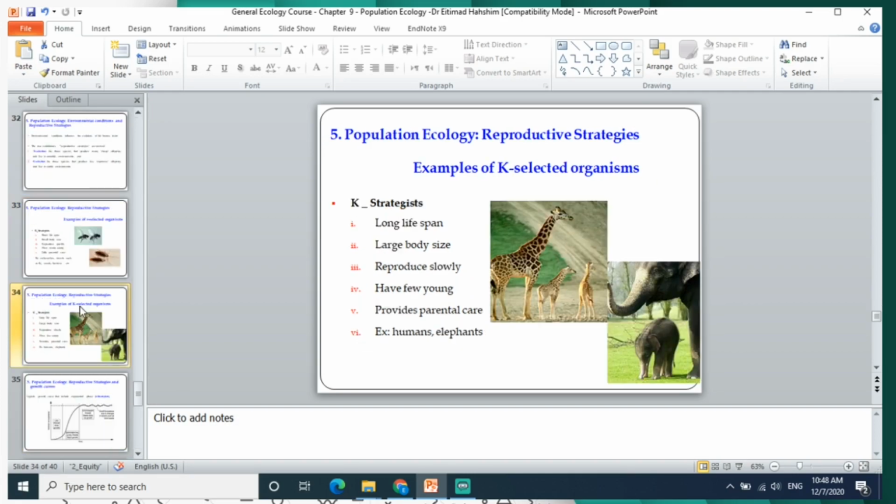But K strategies are always associated with long lifespan animals, large body size, reproducing very slowly, having very few young, and providing parental care, like humans, elephants, and also giraffes.